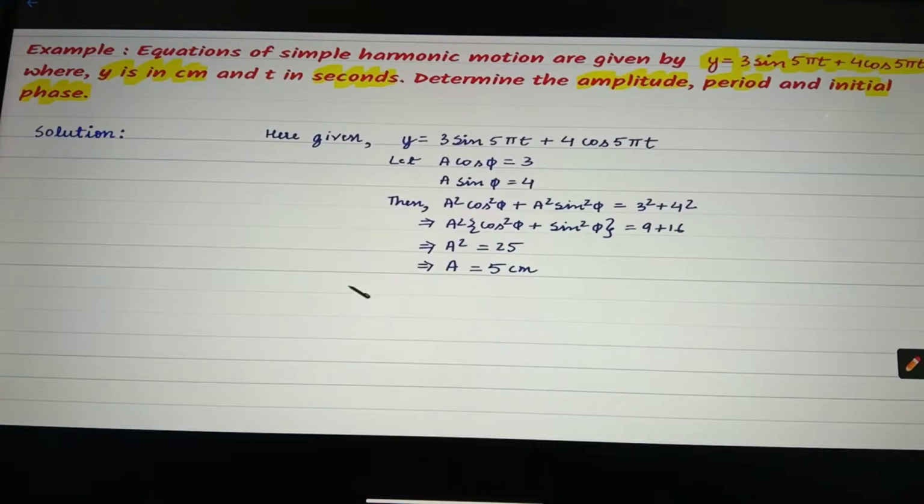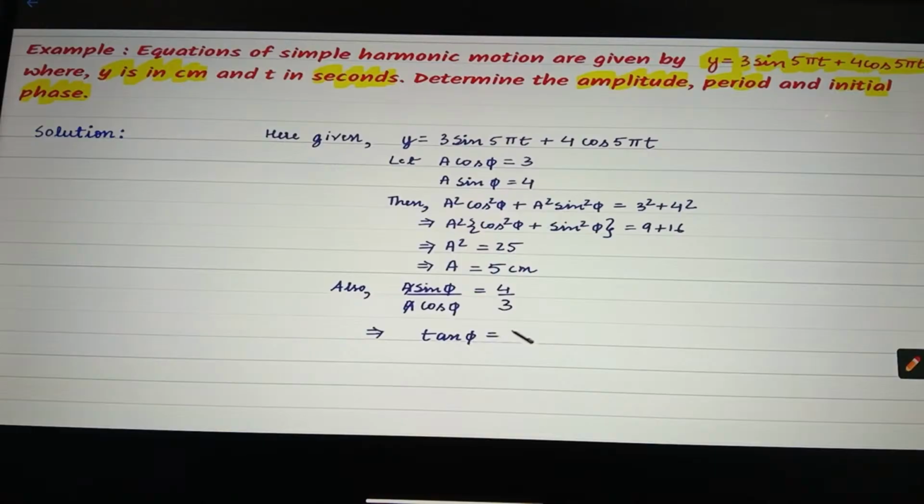Also, if we divide these, we can write A sine phi over A cos phi is equal to 4 by 3. A cancels with A, and sine phi by cos phi is tan phi.